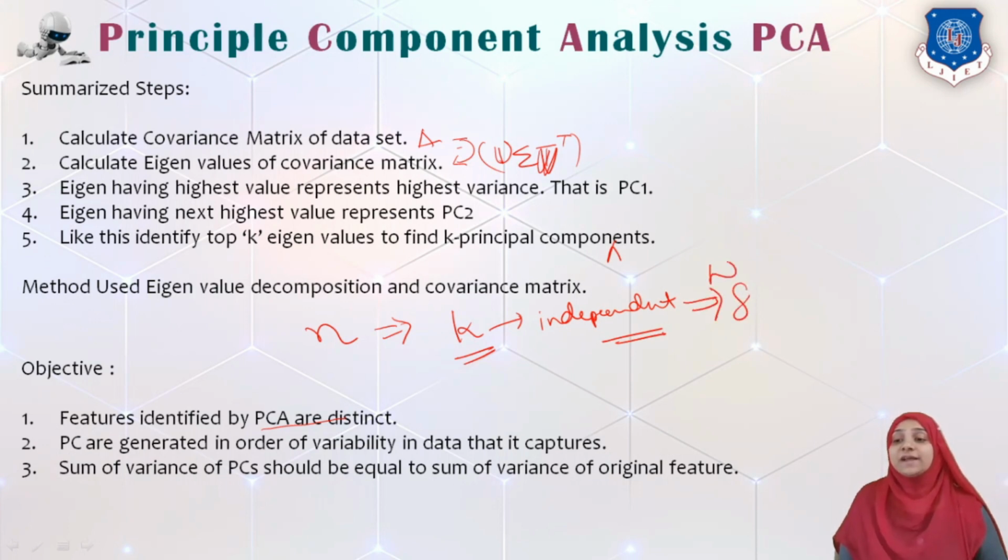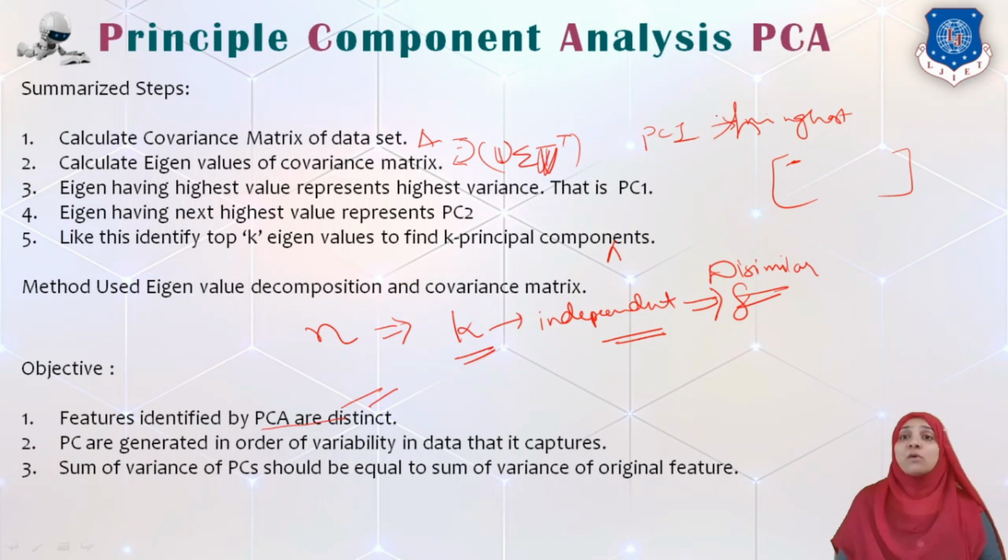They give us dissimilar information. Second objective of PCA is that the principal components are ordered by the variability in the data that they capture. Principal component 1 always captures the highest amount of information as compared to the last one, principal component k.